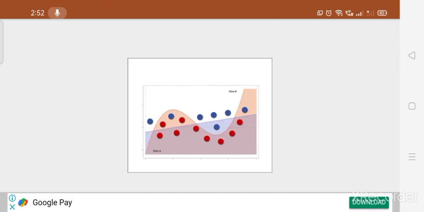Linear means it comes in one straight line, so we can see the blue classifier is a straight line, that's why it is linear. The red one is not linear, it's cubic.